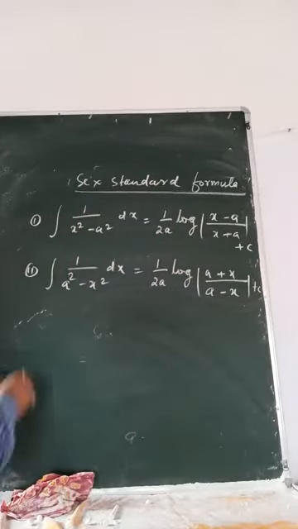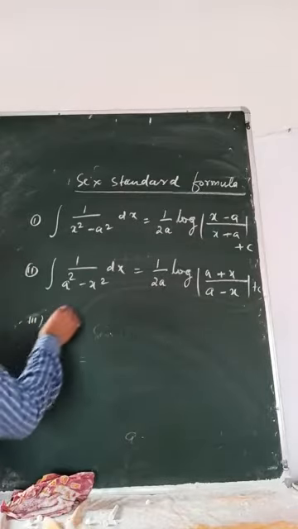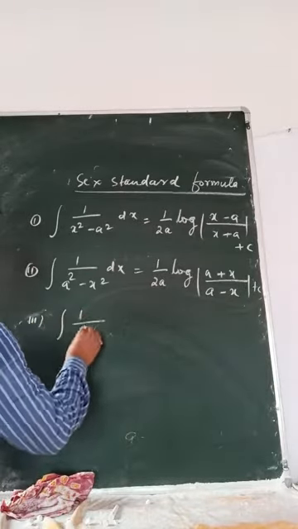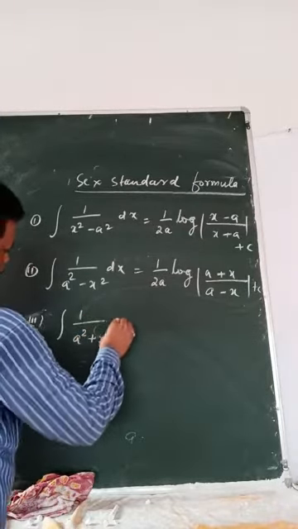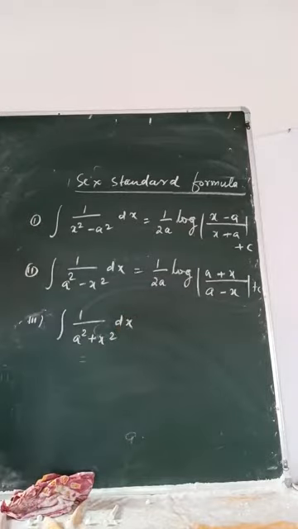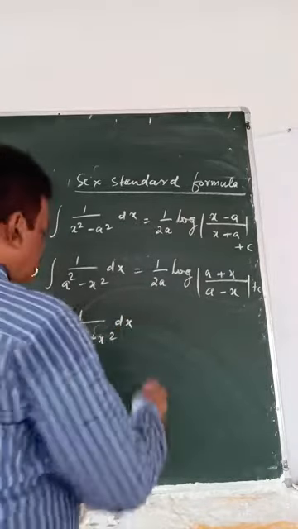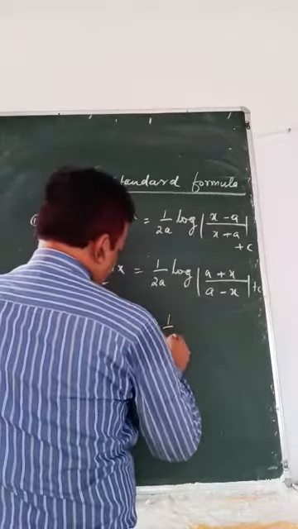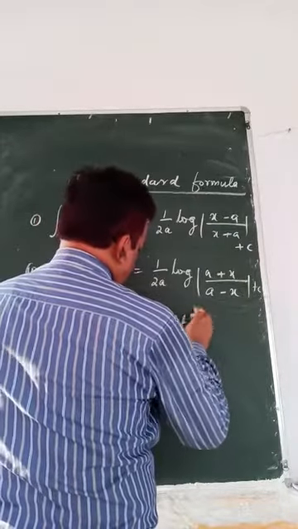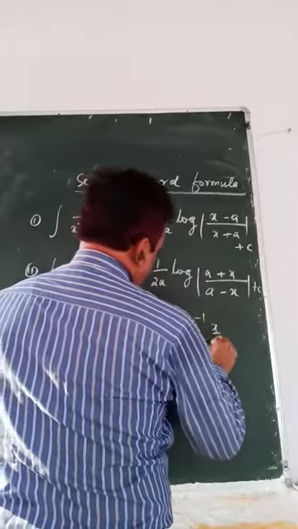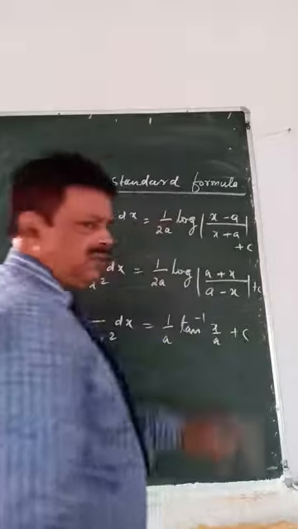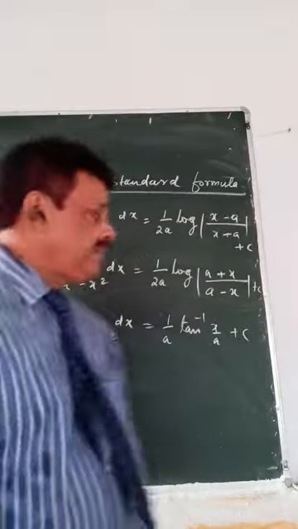Okay, third one, 1 by a square plus x square. What do you get? 1 by a tan inverse x by a. These three you have to learn by heart, otherwise it is not possible.